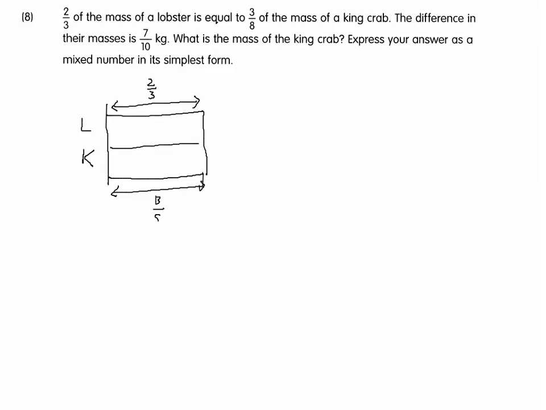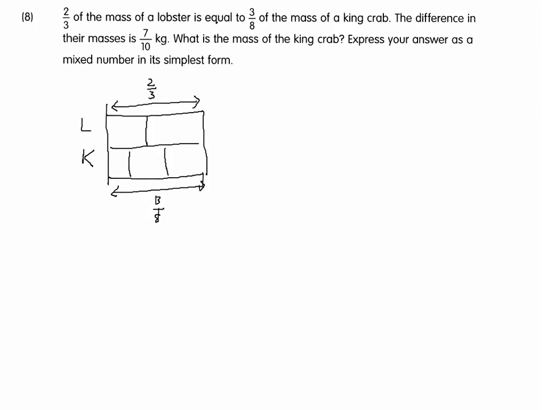When it's 2/3, how many parts must I cut it into? 2 parts, right? If it's 3 over 8, how many parts must I cut it into? 3. So for lobster, 2 parts, king crab, 3 parts, yet they are equal.